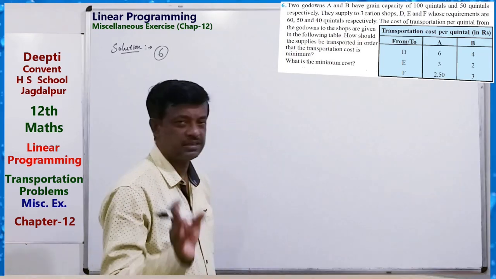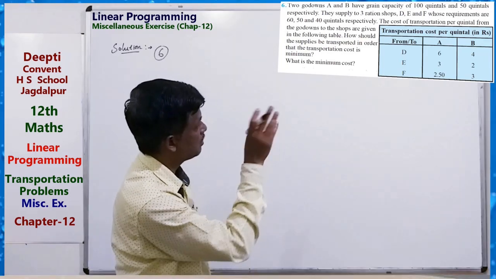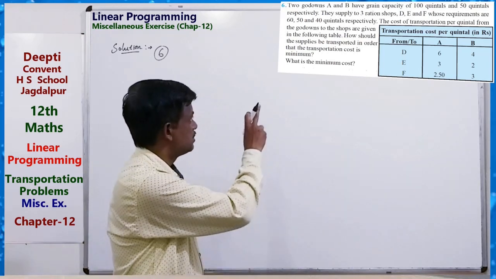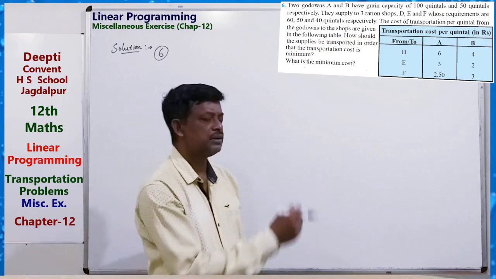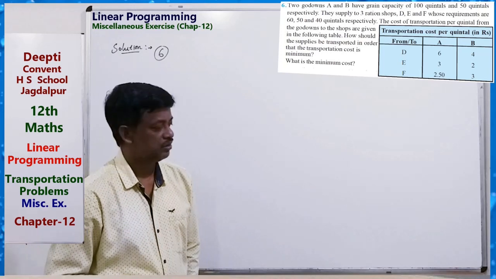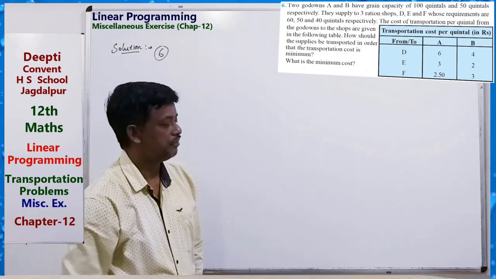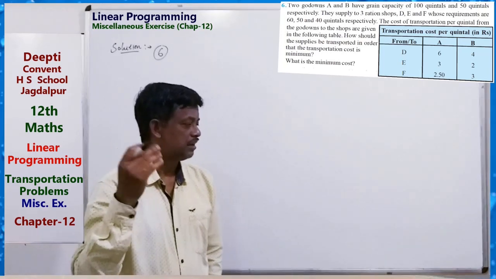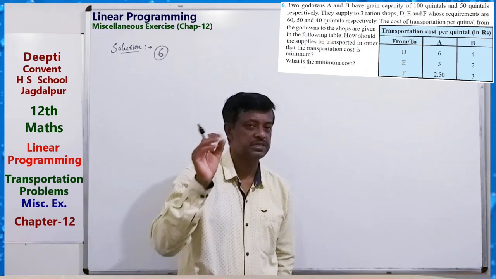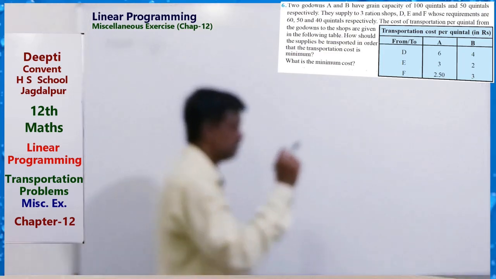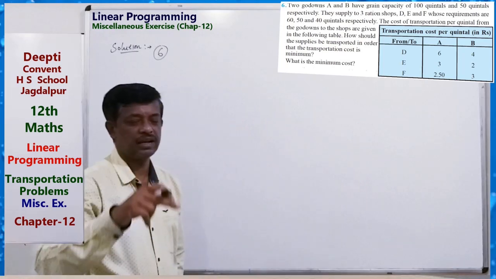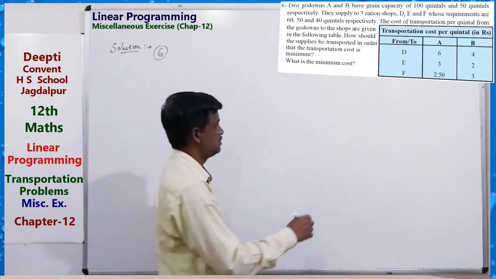In the given question a table is also given, in which the transportation cost per quintal in rupees is given. From the diagram we can write the constraints just like this.